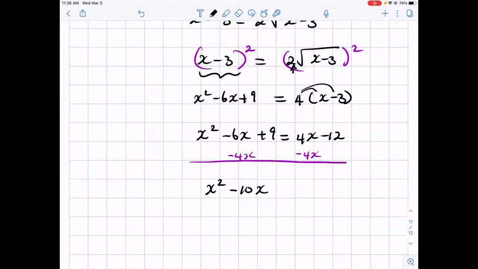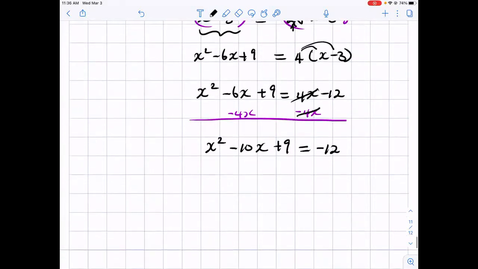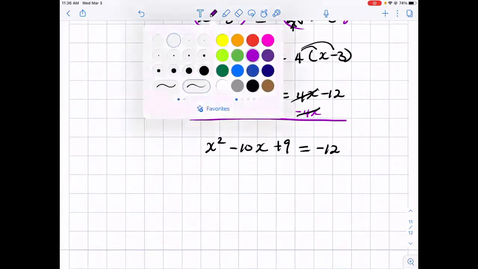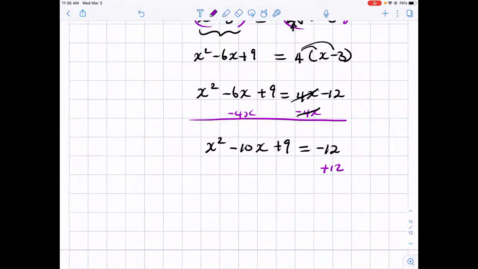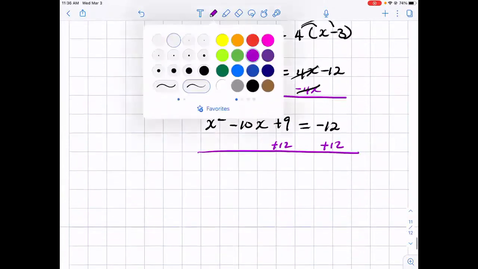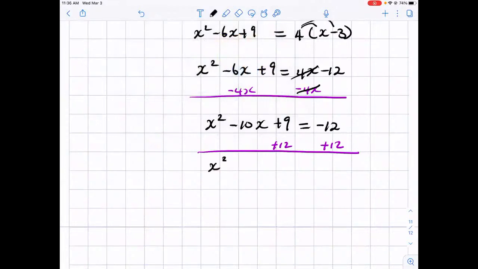So we have minus 10x plus 9, plus 4x and minus 4x becomes 0. And then we have to add 12 to both sides. If we do this, we now have x squared minus 10x plus 21 is equal to 0.